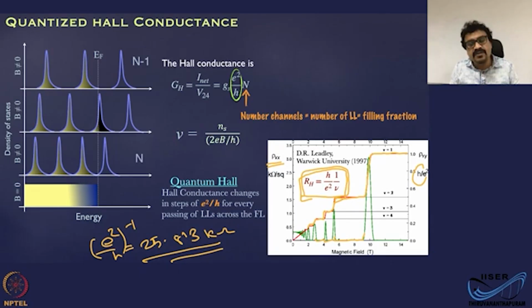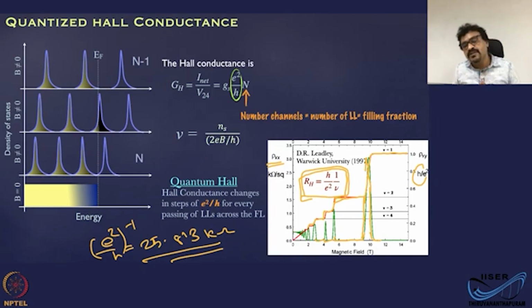That gives a plateau in the Rxy, but a 0 resistance in the Rxx. Whenever the plateau changes from 1 to 2 or 2 to 3, a Landau level is crossing the Fermi level. At that time you have states for backscattering, so along the direction of propagation, Rxx, you get a peak in the resistance. That is what you are seeing in this plot.